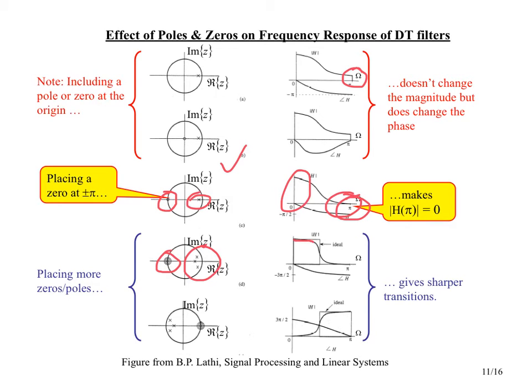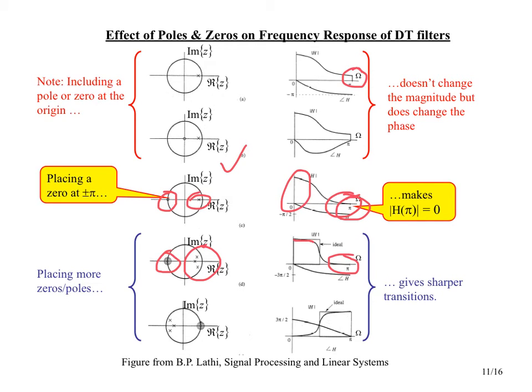So if we tack 3 zeros there, then we see that we get an even smoother approach to going down to 0 at the place where the zeros are. So by using multiple poles to push things up and multiple zeros to pull things down, we can better craft the shape of our frequency response.